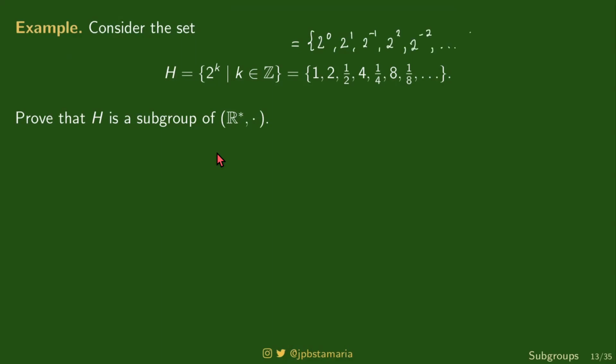You get what I mean to say? Ayan yung mga integer powers ng 2. And when they are all expressed as fractions, you see that they are 1, 2, 1/2, 4, 1/4, 8, 1/8, and so on. So alam natin precisely kung sino yung nasa H, sino yung wala.